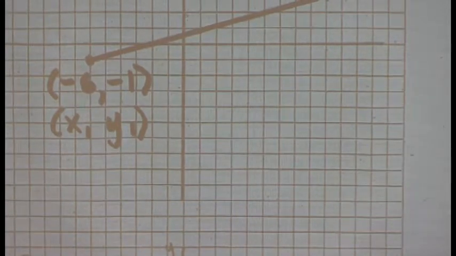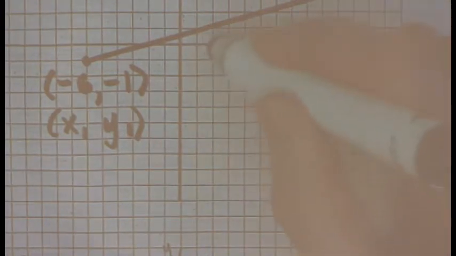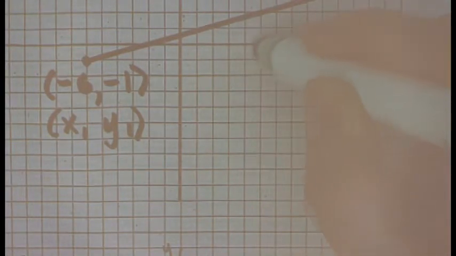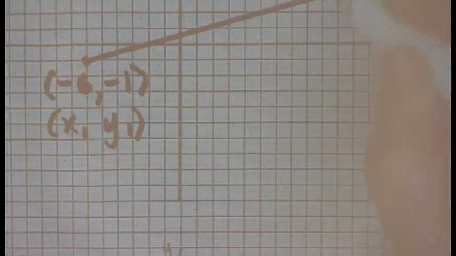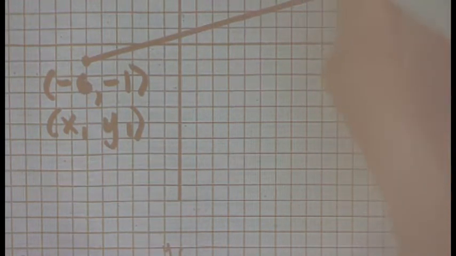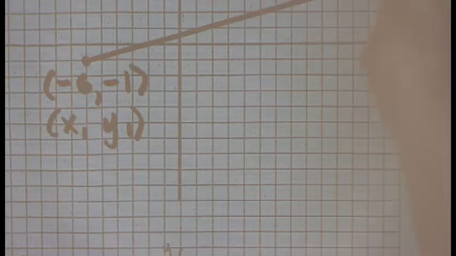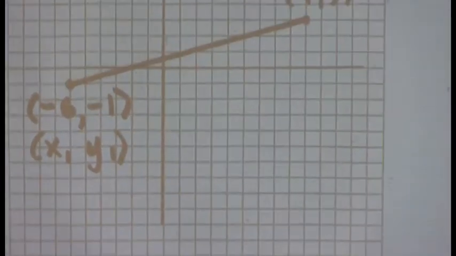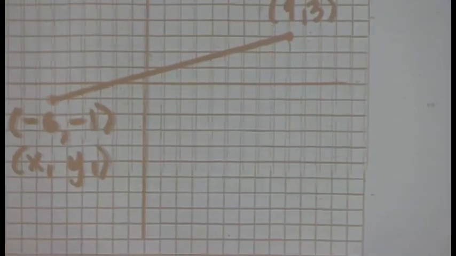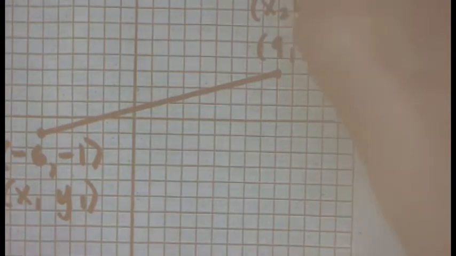Just keep them consistent. And then this point over here would be what? 9, 3. And so we're going to make this x2, y2.